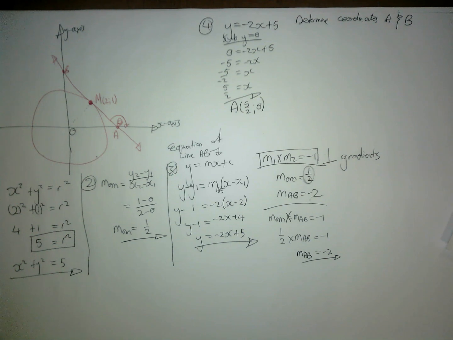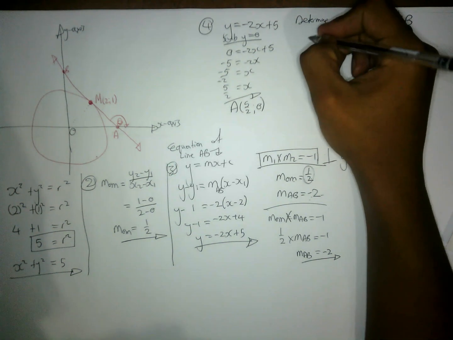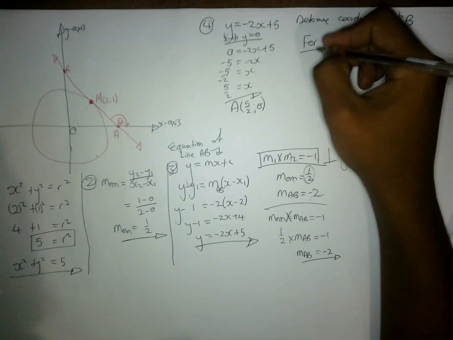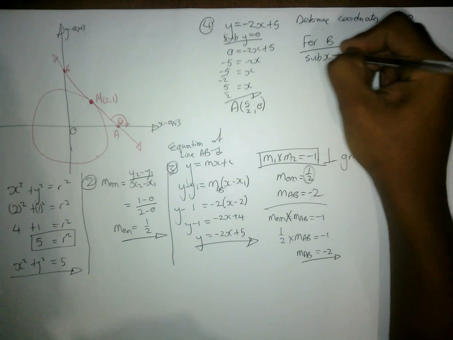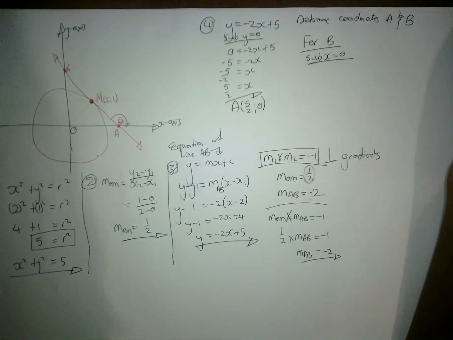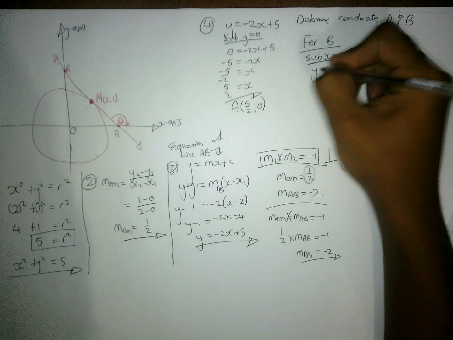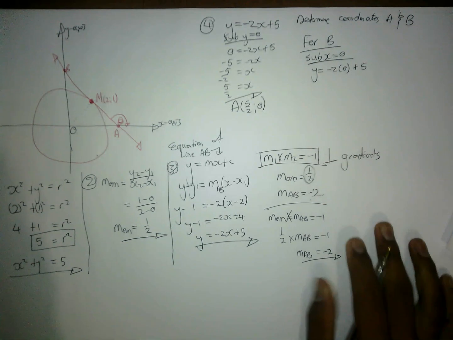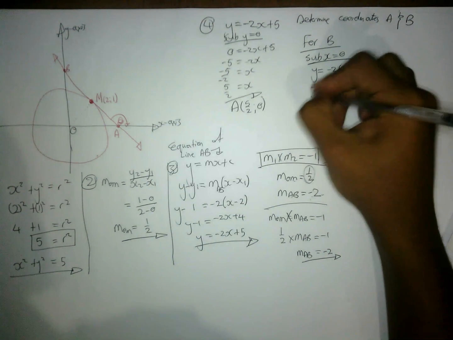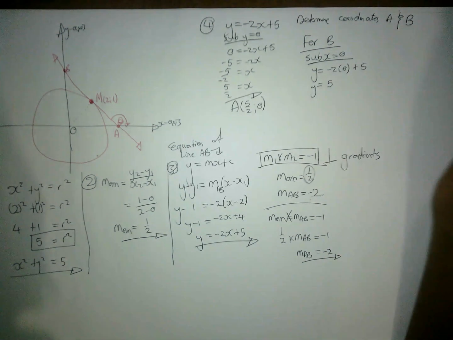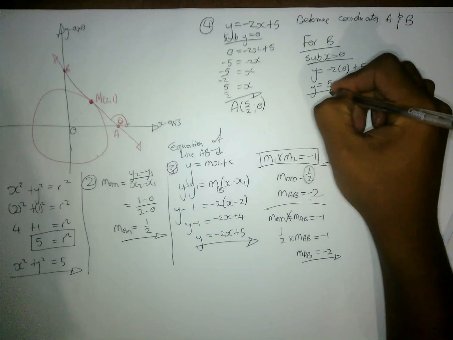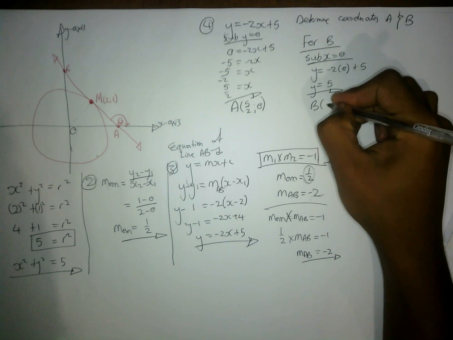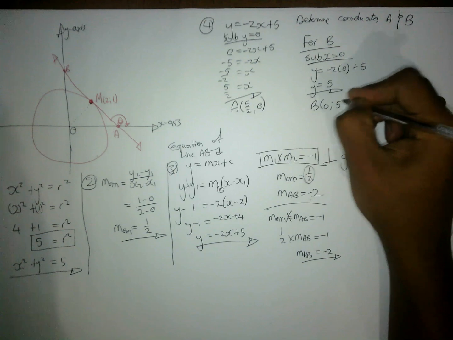Make x equals 0. Okay, yes. For B, sub x equal to 0. So y equals -2(0) plus 5, y equals 5. So B is (0, 5).